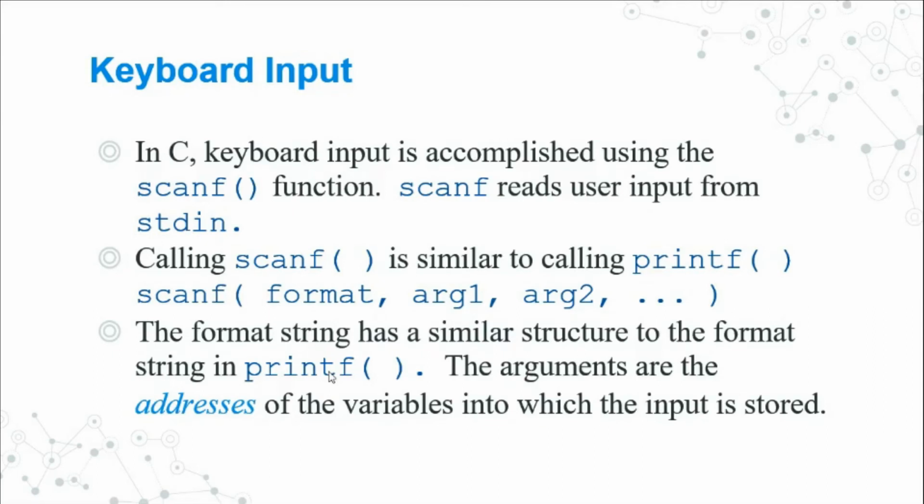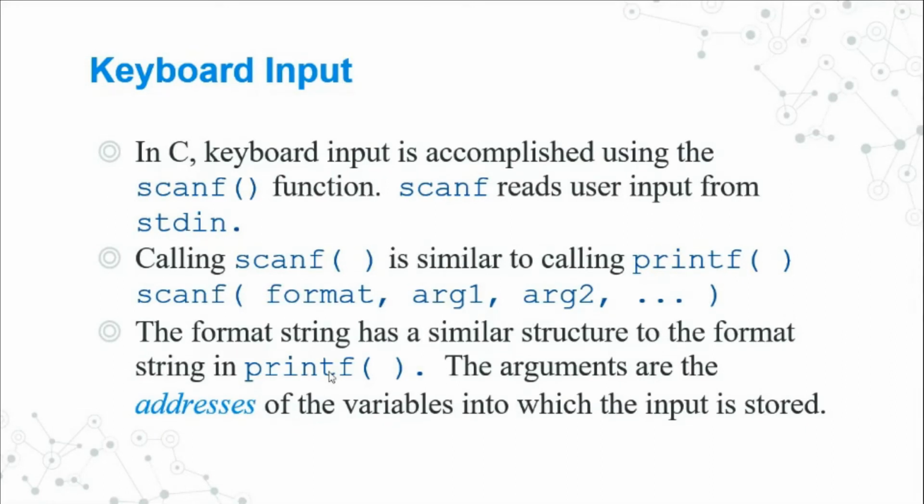We will see what an address is. We have already seen what is the address of a variable. The variable is stored inside a memory space, and the address of that particular memory space is the address of that particular variable.